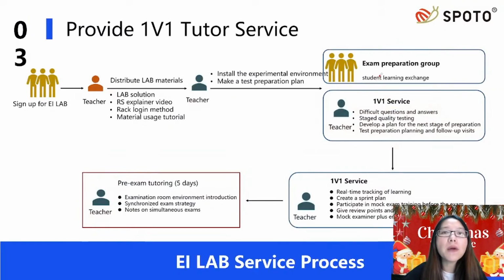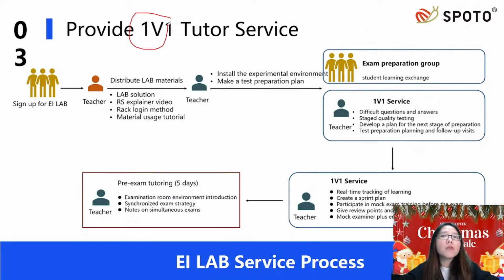Here I would like to briefly introduce our service process and what you can get if you choose our CCIE lab training course. First, we provide one-to-one service at the VIP level, and we will distribute the EI lab solution and all study material that is the same as the exam content.